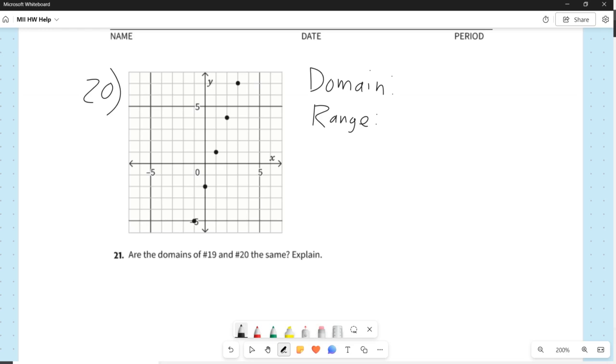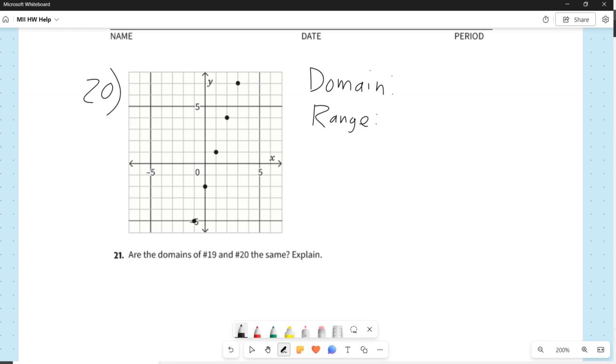So this is unlike any of the other questions that we've seen in this section, clearly, because unlike every single other question that we've seen, number 20 is not continuous. It has some pretty large gaps, and it's only including points, not a line or a curve or whatever, right? We just have a series of points here.